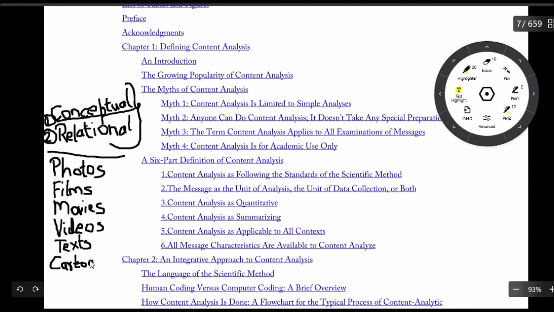Here I would even include cartoon strips. I don't know how many of you are interested in cartoons; I'm a big fan of cartoons. If you look into cartoons also, you can definitely perform a very good content analysis. So the categories are so many.